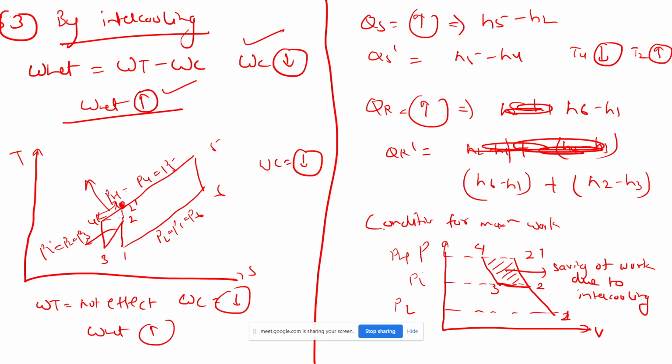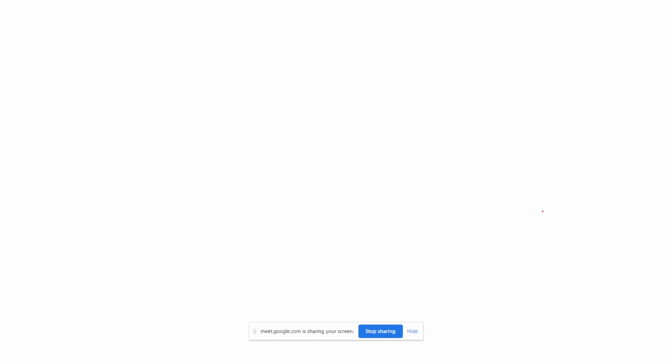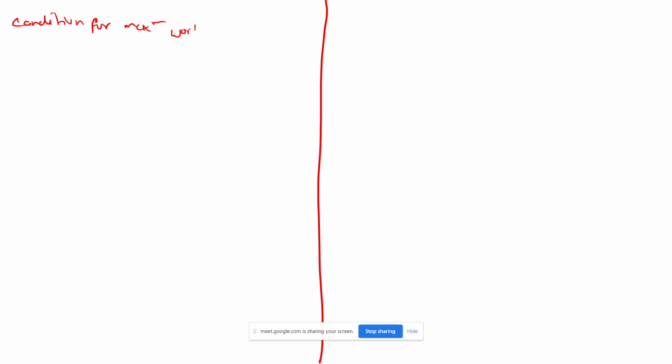Okay, now I will not derive that part because it is almost similar to reheating. So you tell me the condition for maximum work output with perfect intercooling.